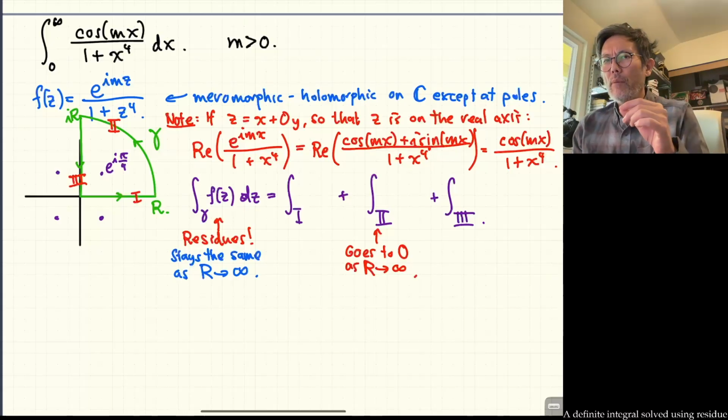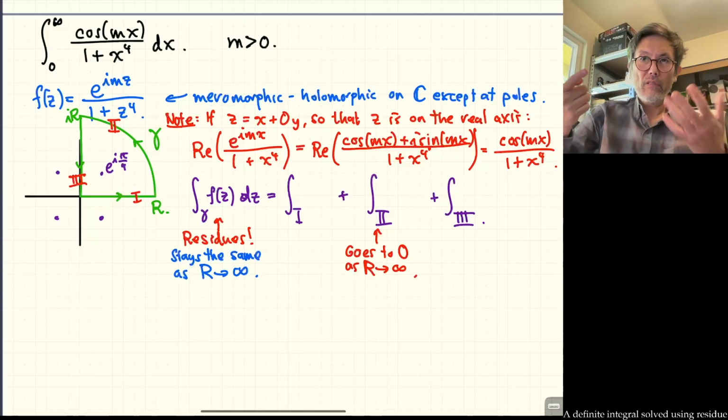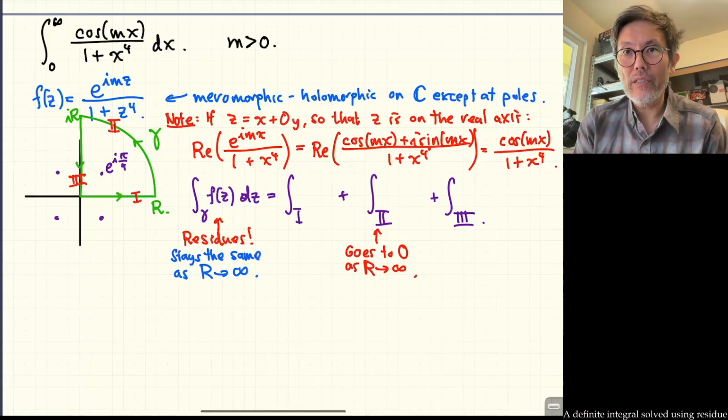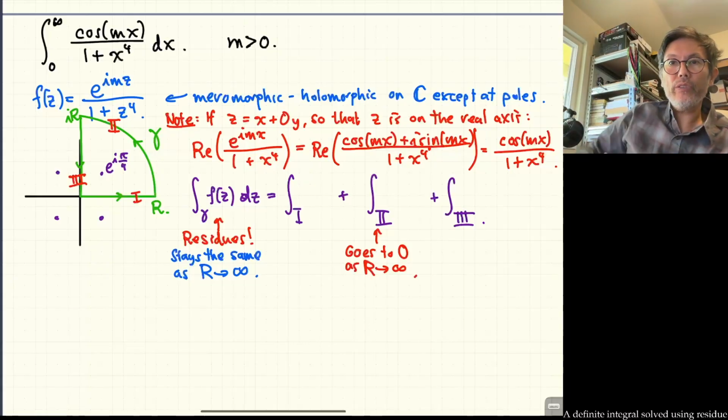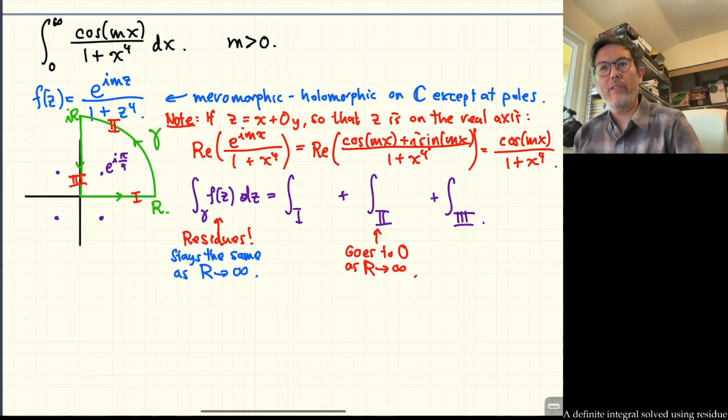Those are numbers of the form i times y, where y is positive. Now shove iy in there. You get e to the negative my. That's bounded. That's an exponential decay. Yeah? And so that's my intuition.